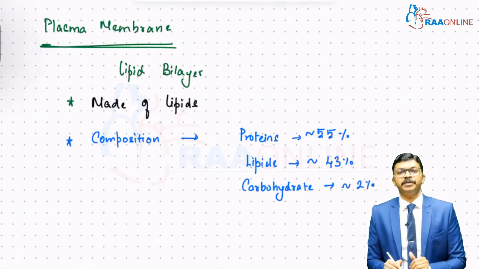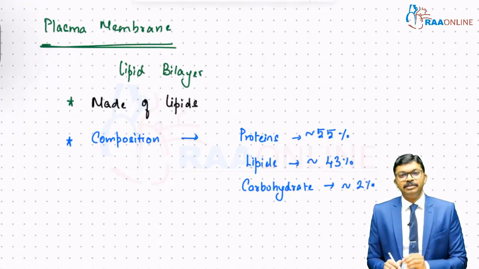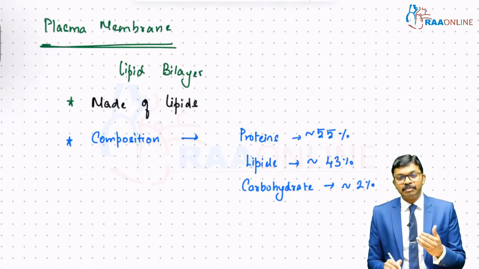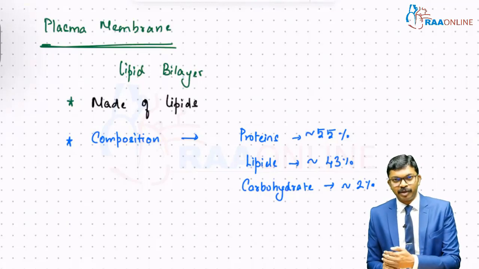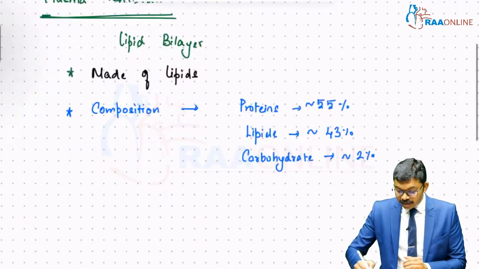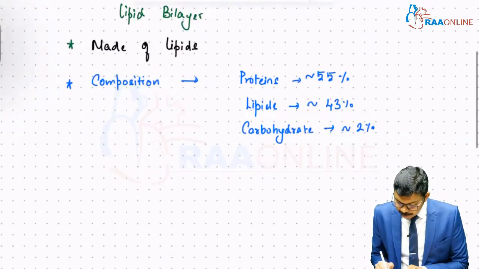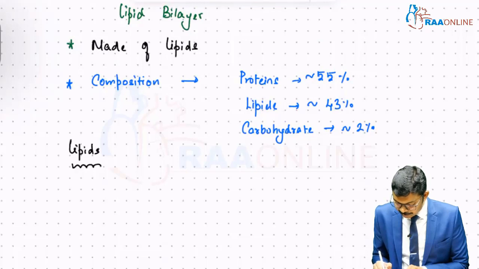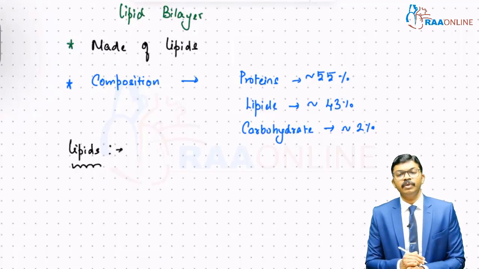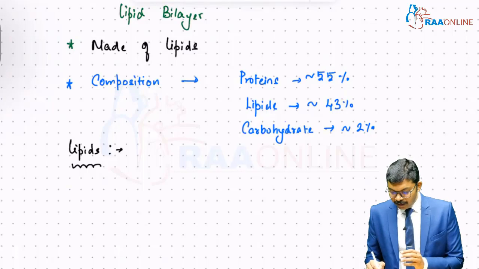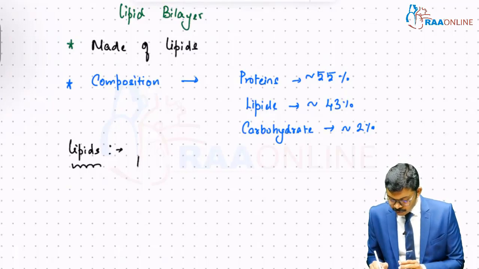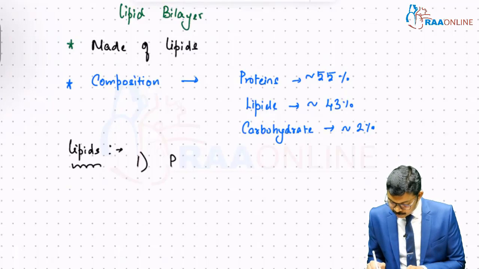This is the composition. So I repeat, cell membrane is made of lipids, but it is composed of proteins, lipids and carbohydrates all together. Since the membrane is made of lipids, let us give due importance to lipids and learn lipids first. Let's take up membrane lipids, guys. The most abundant lipid that forms a cell membrane is going to be phospholipids.